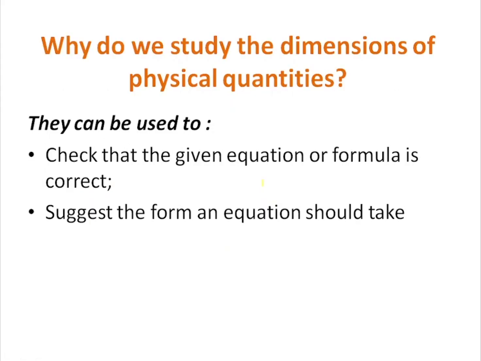Why do we study dimensions of physical quantities? You may ask. They are used to check that a given equation or formula is correct. That is, they suggest the form an equation should take.